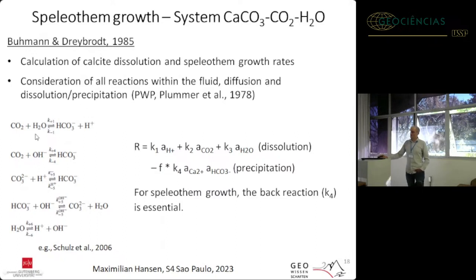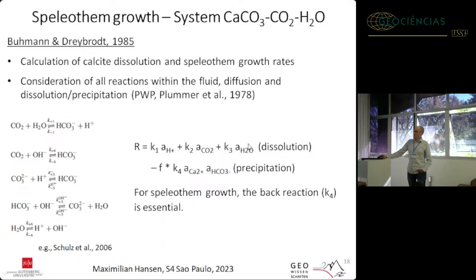And all the individual reactions which are going on at the same time have different reaction rates, which are determined by the mass action law in particular. And so the PWP equation gives you this lengthy equation, which would be the rate of precipitation and dissolution.